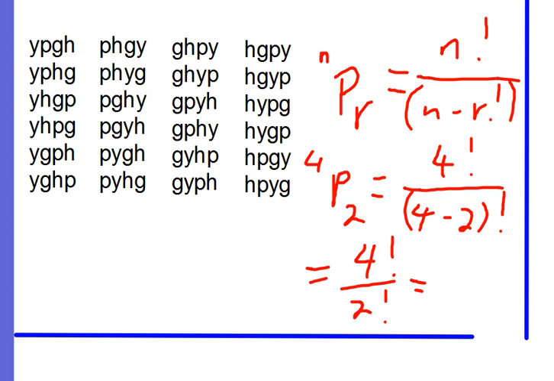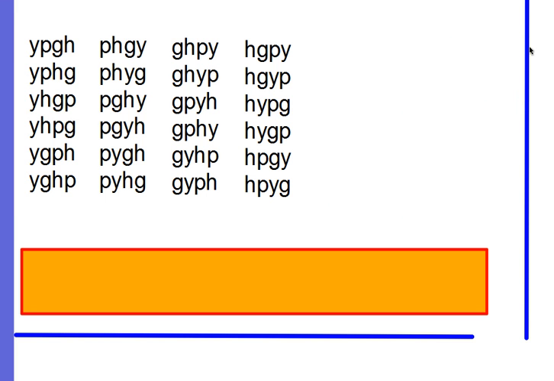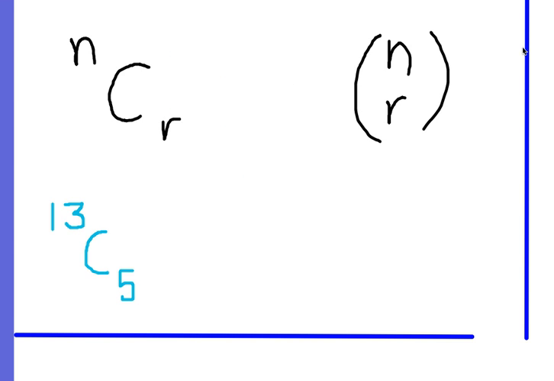And you can imagine 4, 3, 2, 1 divided by 2 times 1. The 2 and the 1 would cancel, leaving 4 times 3. So there are 12 ways we can select 2 objects in order from this group. 12 ways.